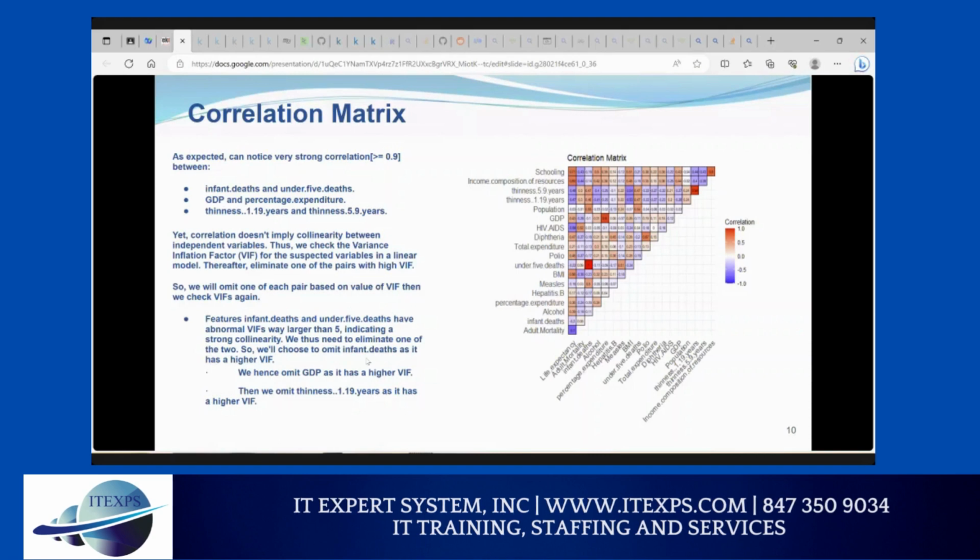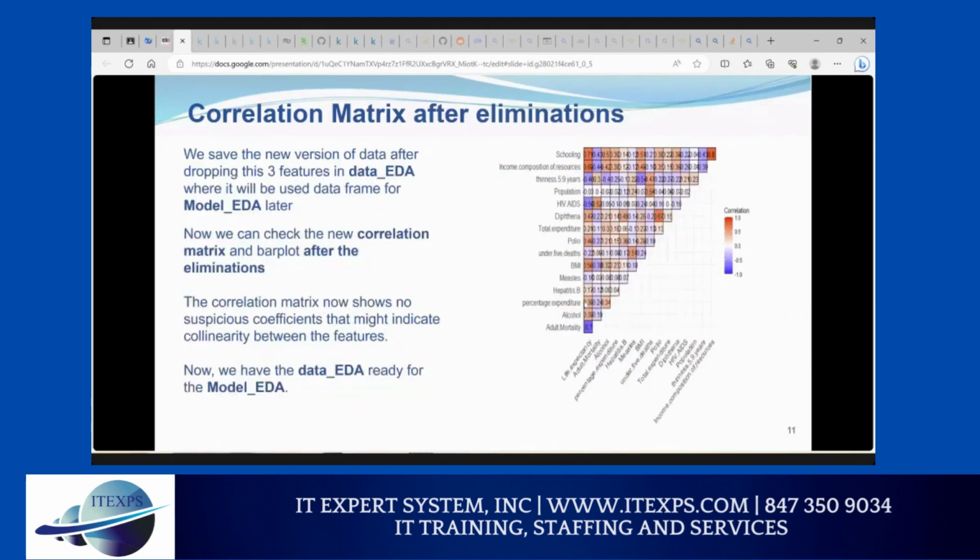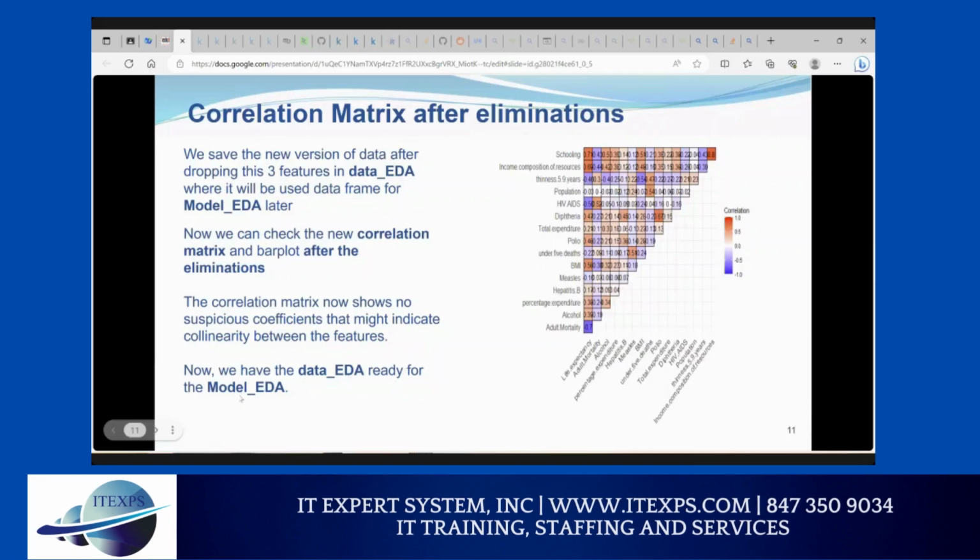We ended up losing 3 features there: under-5 deaths, GDP, and thinness. We ran the matrix again, and we see that the collinearity is gone, and we can continue with the data set, which we named model EDA.